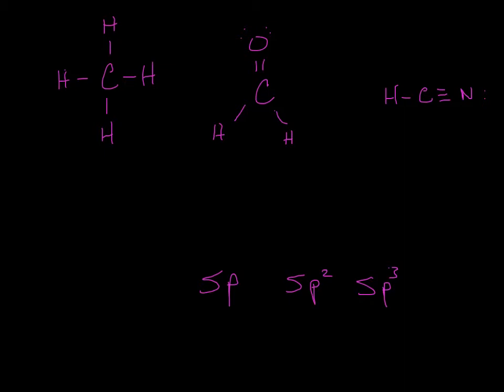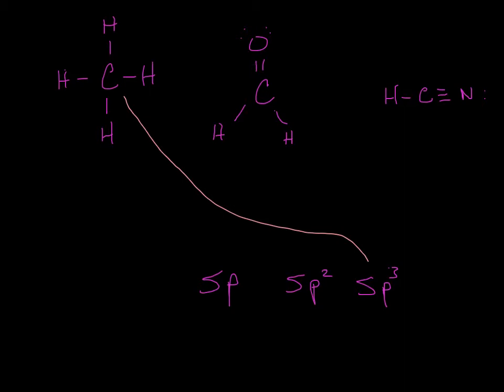They've taken the s and the 3 p orbitals, and this is what we call sp3 hybridized. When I look at this carbon right here, here's a sigma bond, and one of these is a sigma bond, so that would be sp2.